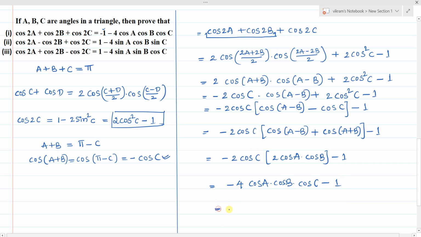Then we can rewrite this to get the required solution as minus 1 into (1 plus 4 cos A cos B cos C). This is the way of doing the solution for problem number 1.